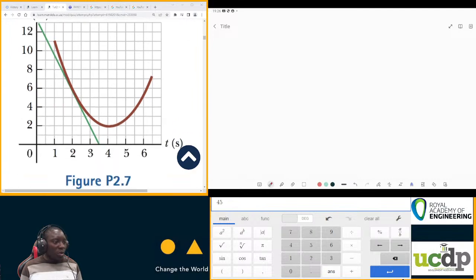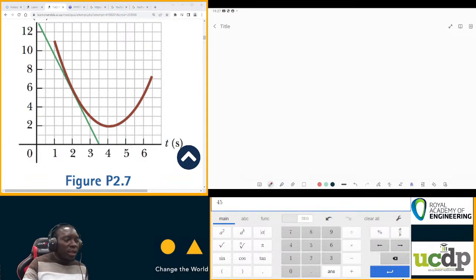So from t equals 1.5 to t equals 4 seconds, what will be the average velocity? In this case, for average velocity, we will take the covered displacement over the time.